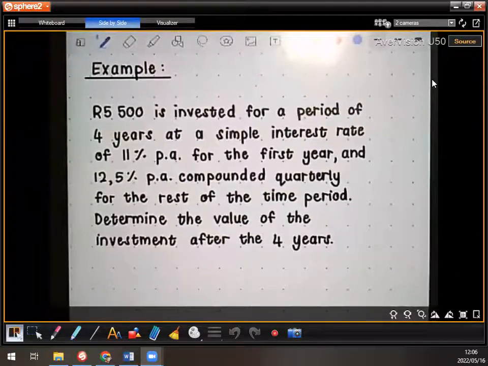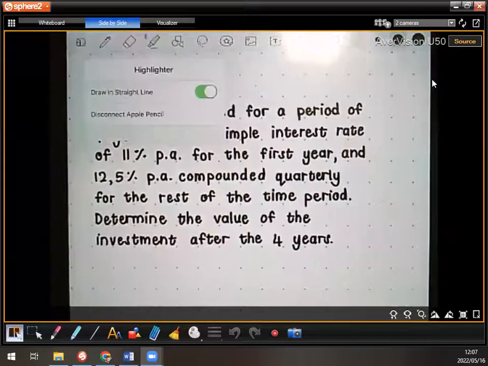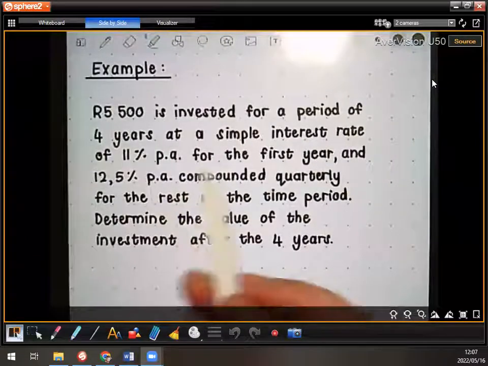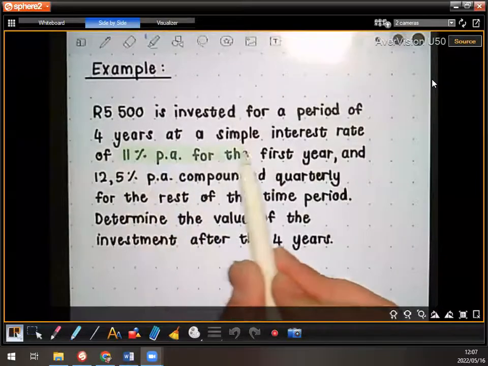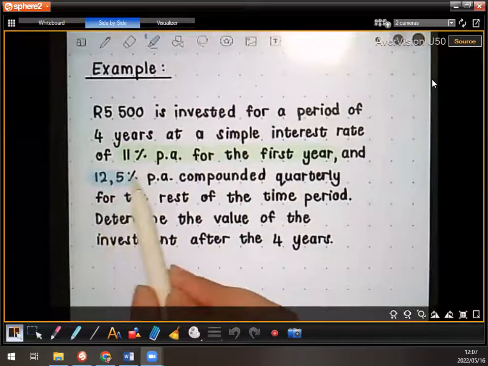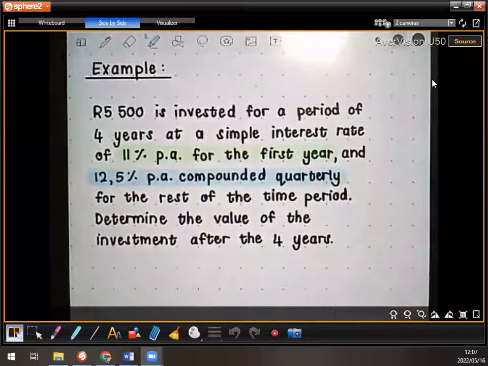Okay guys, if you're done copying this down, if you have highlighters, highlight the two interest rates separately. We're starting with 11% per annum for the first year, and then for the rest of the time period we have 12.5% per annum compounded quarterly.